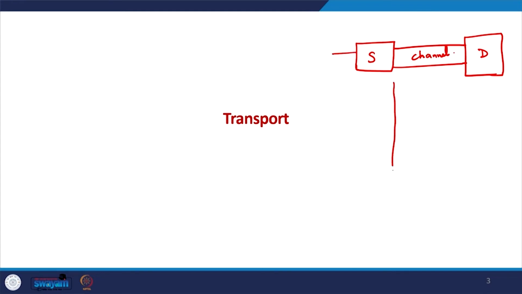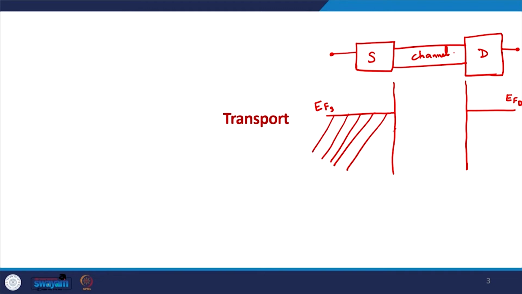When there is no voltage applied across the device and the source and the drain are made of the same material, in that case the Fermi level of the source and the Fermi level of the drain will be at the same level. So all the electronic states below EFS, the source Fermi level, are filled in the source. Similarly, all electronic states below EFD, the drain Fermi level, are filled in the drain.